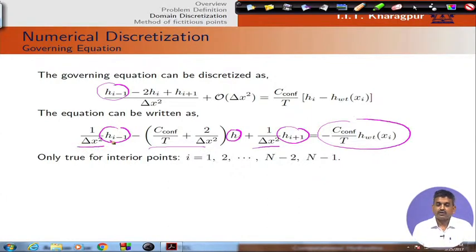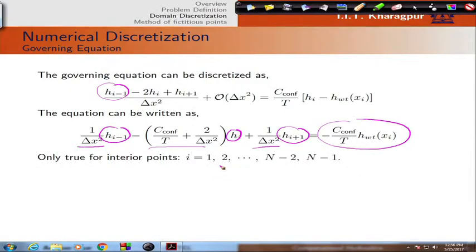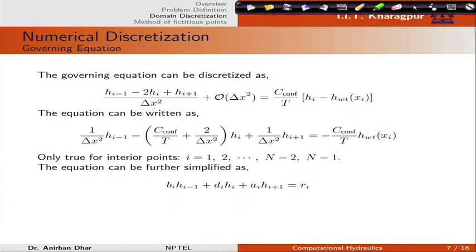This governing equation is true for interior points. Interior points means from point number 1 to n minus 1, excluding the points 0 and n in this case. The equation can be further simplified.